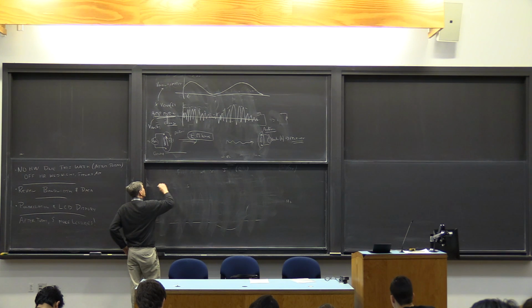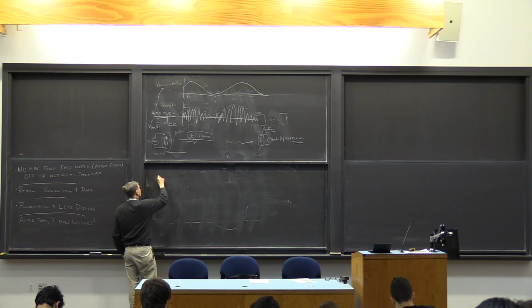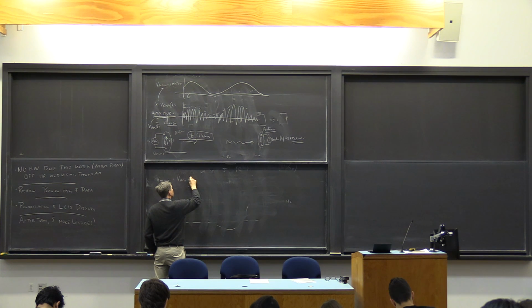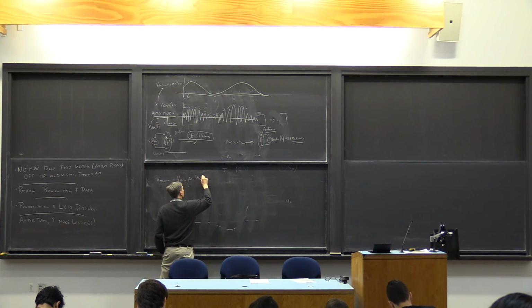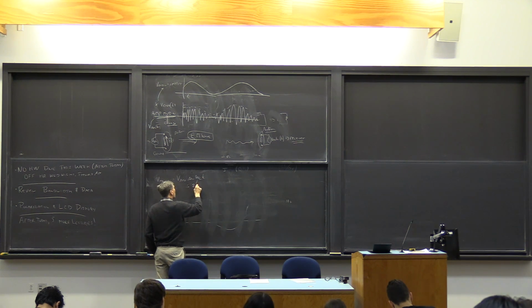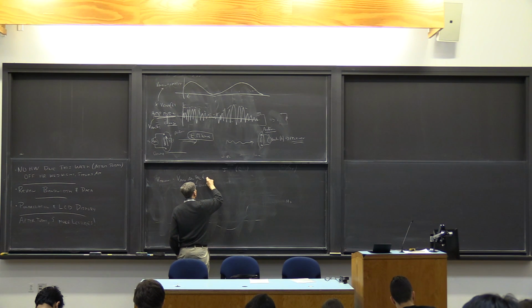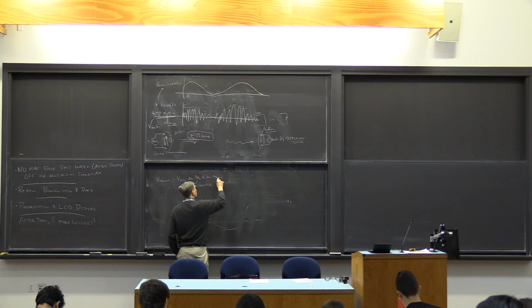So V at the receiver has some amplitude, and it's got sine omega carrier t, where this is 2 pi times 1,000 kilohertz, times sine omega audio t, that, for example, was 1 kilohertz.